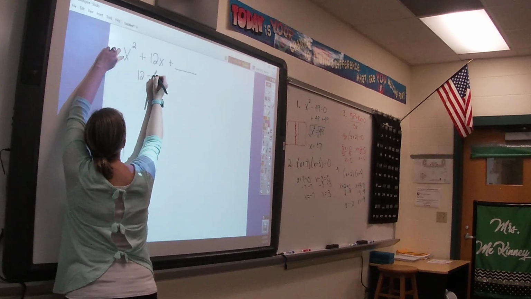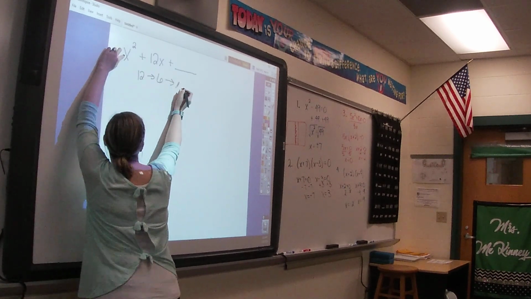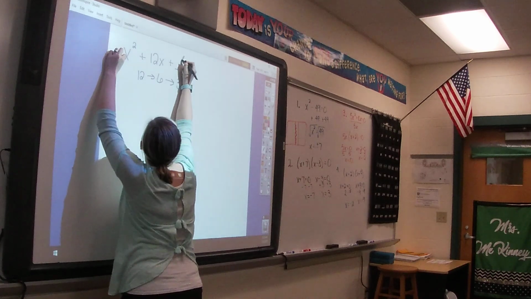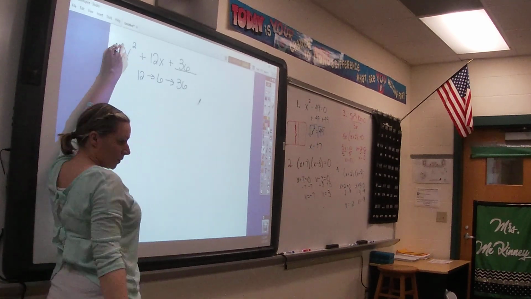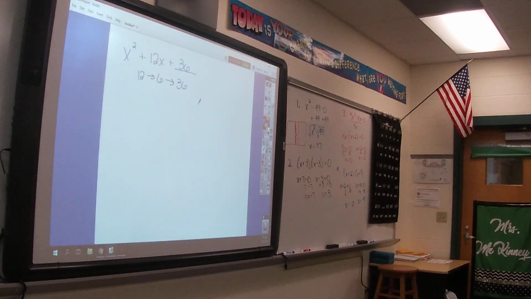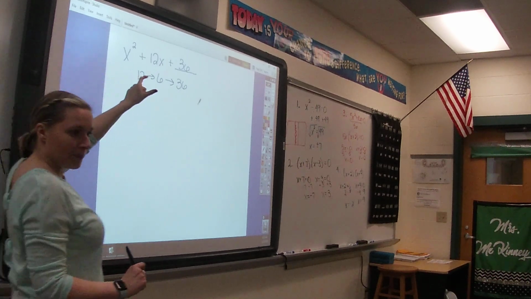What is half of 12? 6. What is 6 squared? 36. So if we added 36 here, the numbers that multiply to 36 and add up to 12 would be 6 and 6. So this would factor into x plus 6 times x plus 6. Does that make sense? Yes.